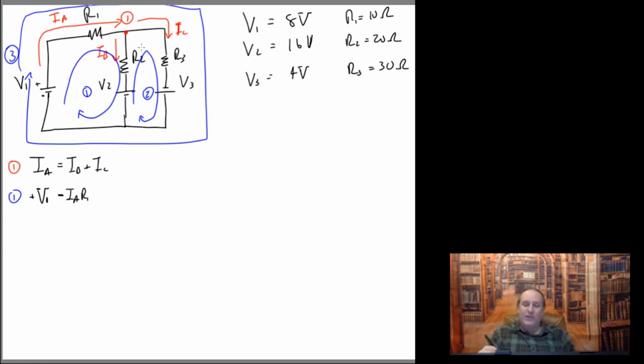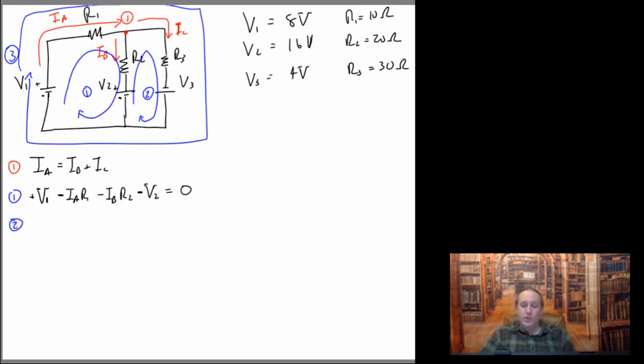And then we get to R2, we are again going with the current, so it's minus IB R2. And then we get to battery V2, there is a voltage V2, but now we're starting at the top of the battery and we're going down to the bottom. So we get a minus sign there because we're kind of going against the battery. We're going the wrong way. And that's it. We get to the bottom.